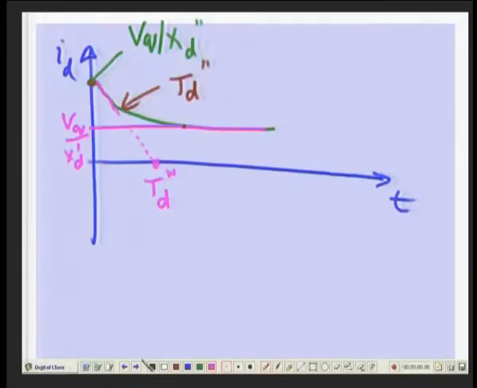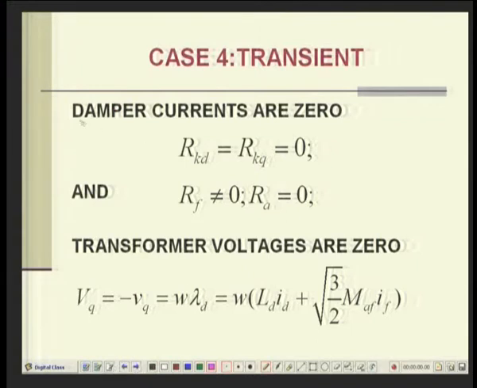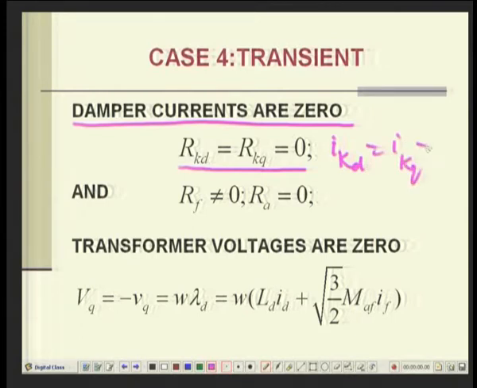Now, let us take the next case. Let us neglect the dampers, and that means these resistors are not there, and of course, we have to say Ikd equal to 0. Actually, it is not Rkd Rkq, in fact, it should be different.